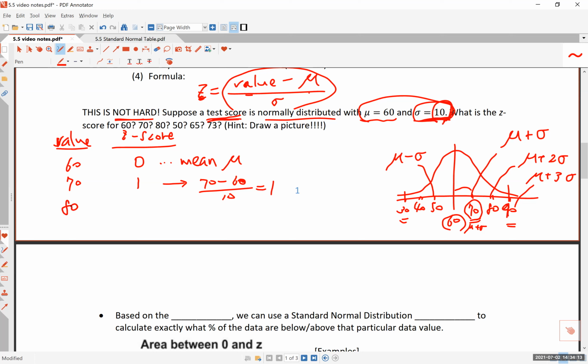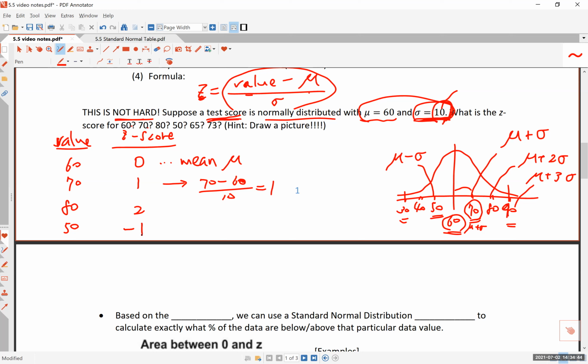How about 80? Well, the difference between 80 and 60 is 20, which is 2 standard deviations above the mean, right? So the answer is 2. Again, you can use the formula, but you don't have to. And that's the point. How about 50? 50 is 10 below 60, which is 1 standard deviation below 60.